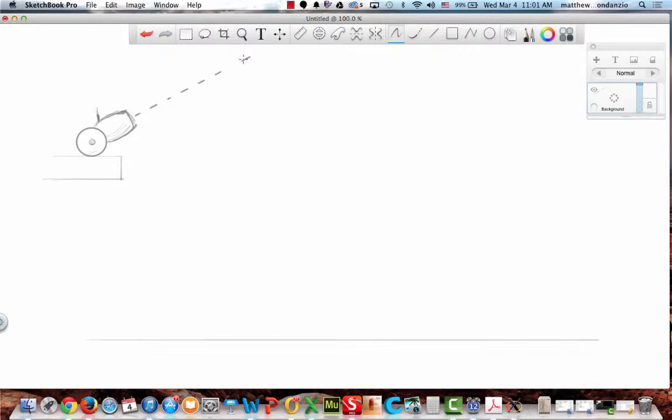All right, and we're going to launch the cannon, and the trajectory is going to be something to that effect. There's going to be an angle theta here.